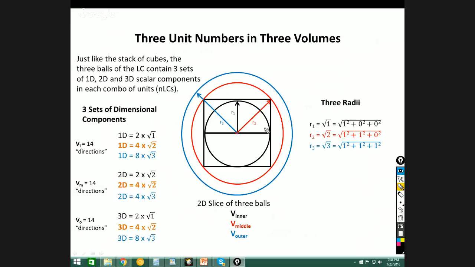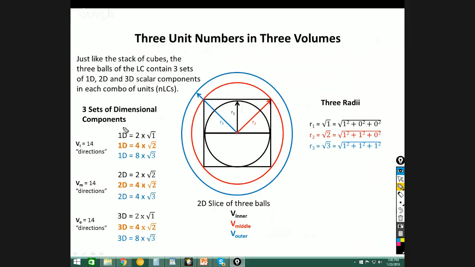So within each volume, though, we have a one-dimensional line, a two-dimensional area, and a three-dimensional area. And so we multiply the number of directions times the unit. And the unit changes for each dimension.